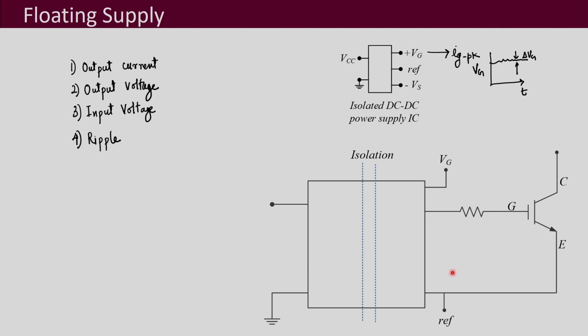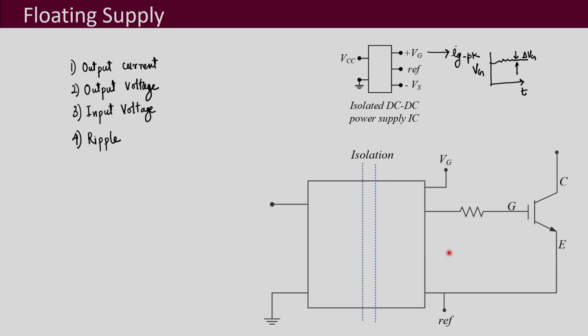Driver is actually the most important part of the power electronic design. If the driver's design and PCB layout are not proper, then it leads to a lot of electromagnetic interference issues, and you will see a lot of unexpected things happening. Sometimes it starts, sometimes it suddenly turns off. So it becomes very sensitive to noise.